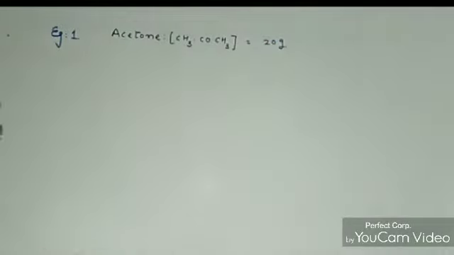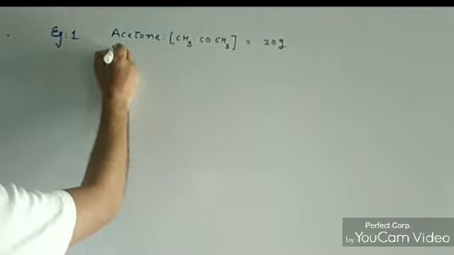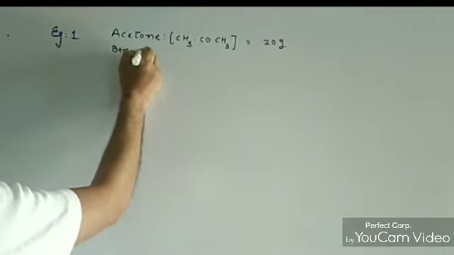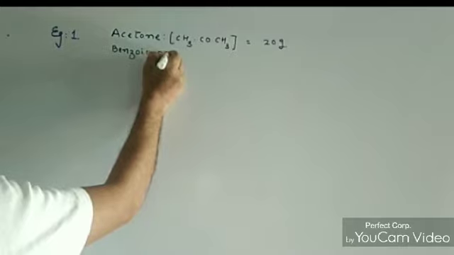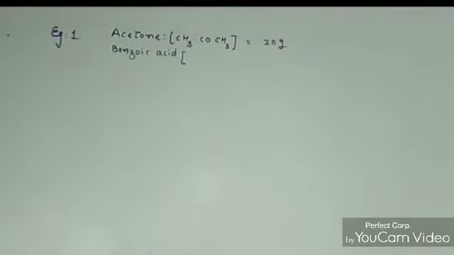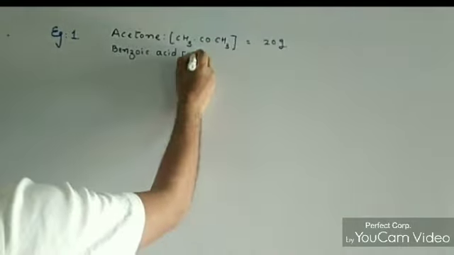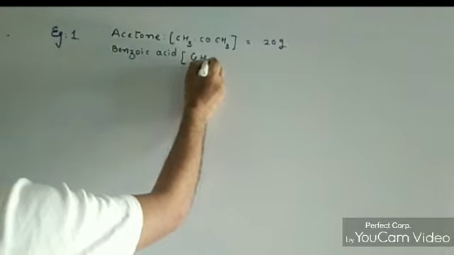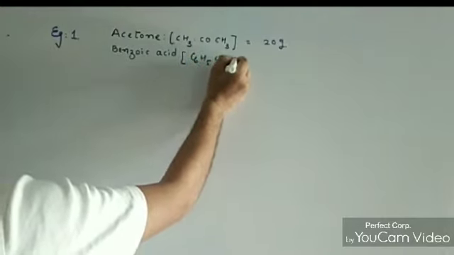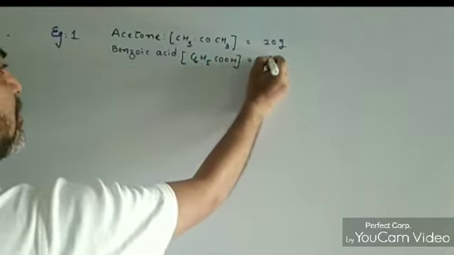And we are given benzoic acid. How many know the formula of benzoic acid? The formula of benzoic acid is C6H5COOH, and that is given as 5 grams.